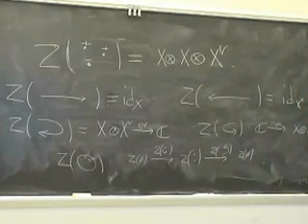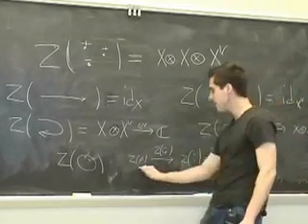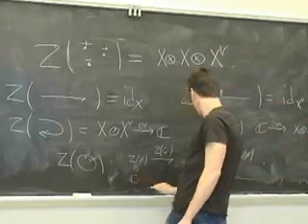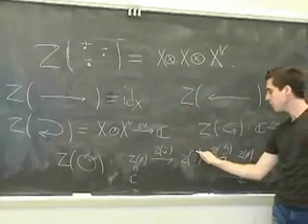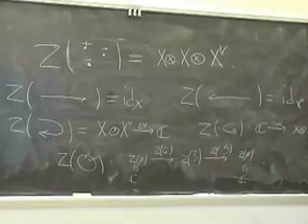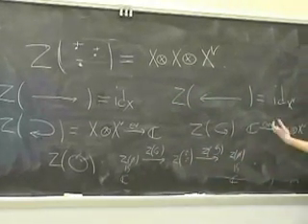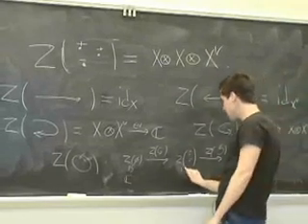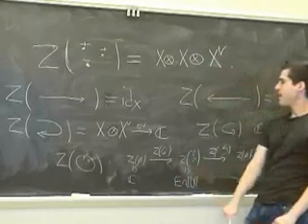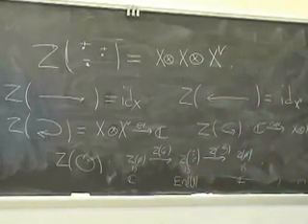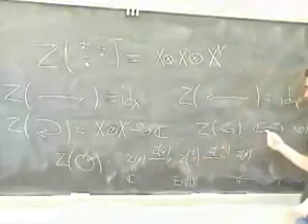So what are these vector spaces? Well, Z of the empty set, that's the complex numbers. And Z of 2 points, well, one of these points has positive orientation, one of them negative orientation. That's x tensor x dual, or let me describe it as endomorphisms of x. And now what are these linear maps? Well, this one is the co-evaluation map.